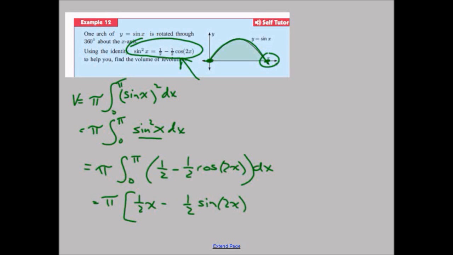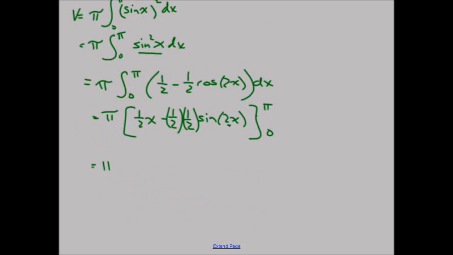But this is the ax plus b example. We need a as 2, so we also need to multiply by another 1 over 2. And that's from 0 to pi. 1/2 x. Simplifying, subtract 1/4 sine 2x from 0 to pi.